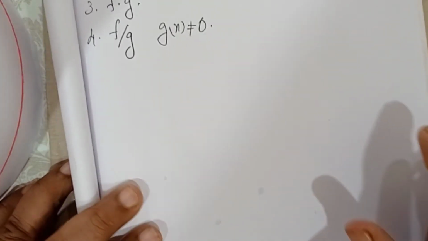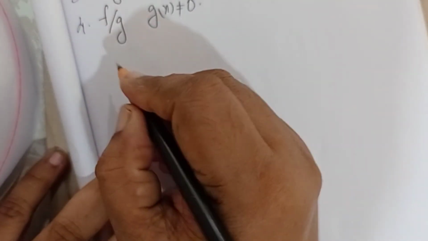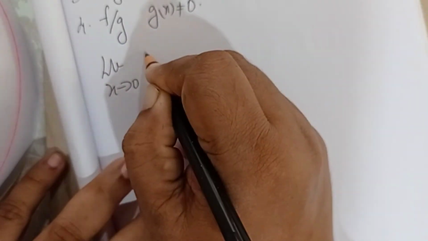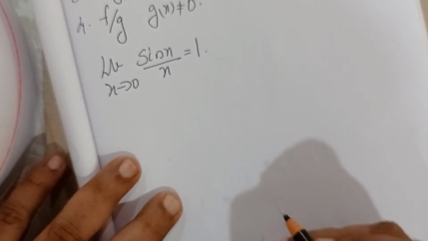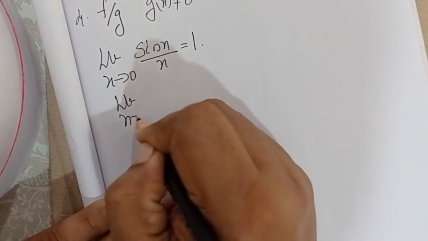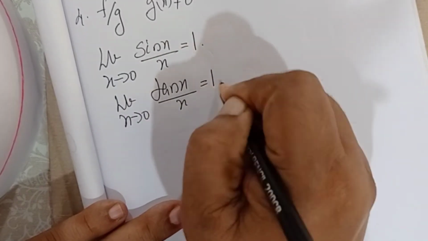Okay, then write these limit properties one by one. Limit x tends to 0, sin x by x equals 1. All of you know this formula. And limit x tends to 0, tan x by x is also 1.